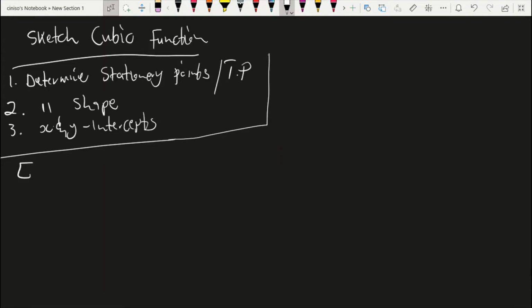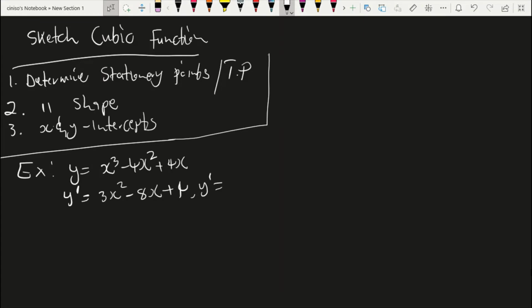So let's say our example is y equals x cubed minus 4x squared plus 4x. To derive this, which is our first step, you want to determine the stationary points. So y prime equals 3x squared minus 8x plus 4, and then you're going to equate this derivative to 0.